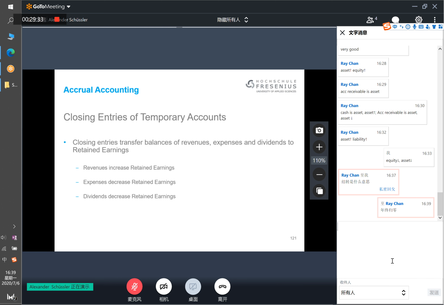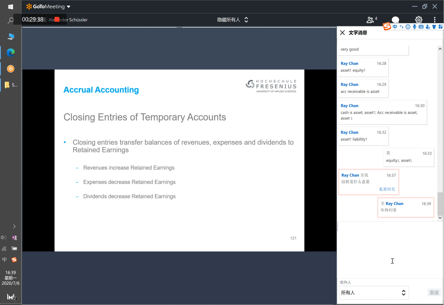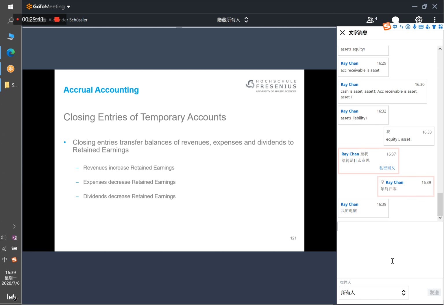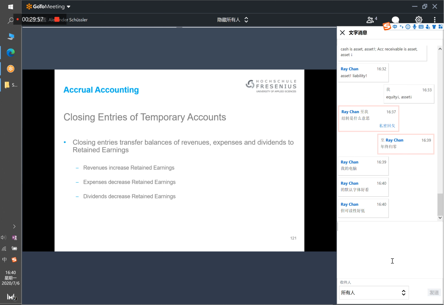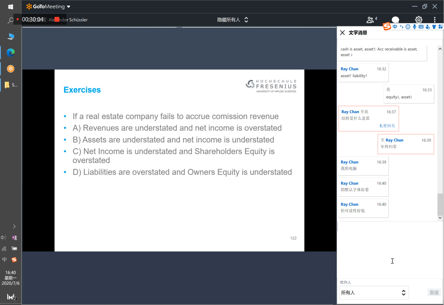Why? Because their balances go to retained earnings. Of course, they are summed up in the income statement, but nevertheless, they increase retained earnings.